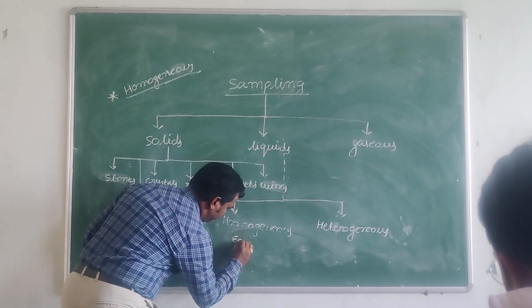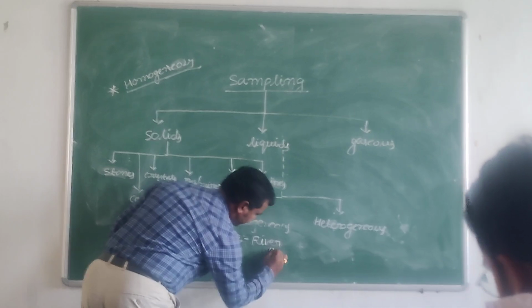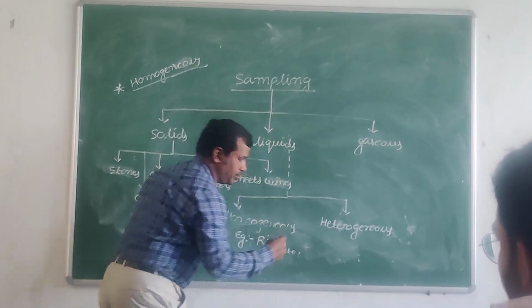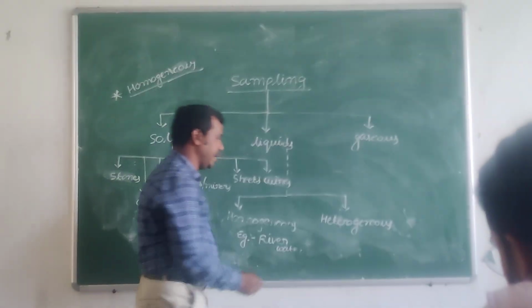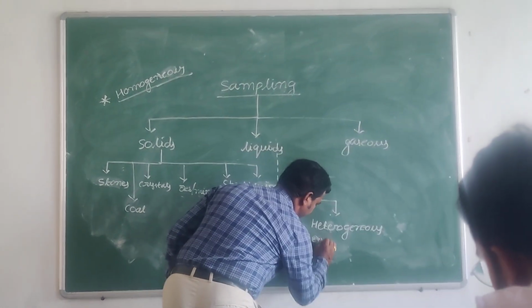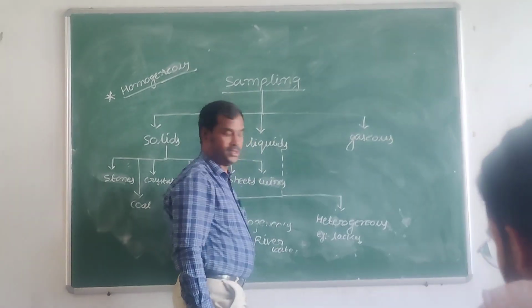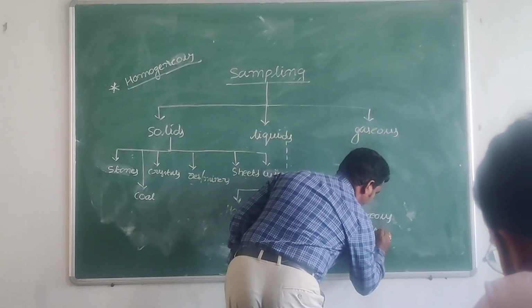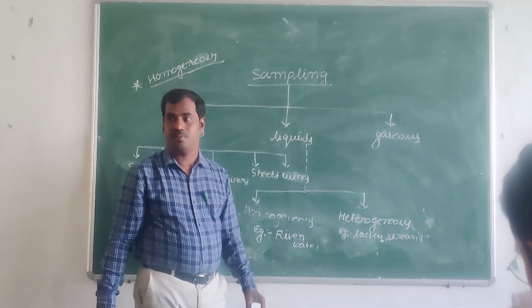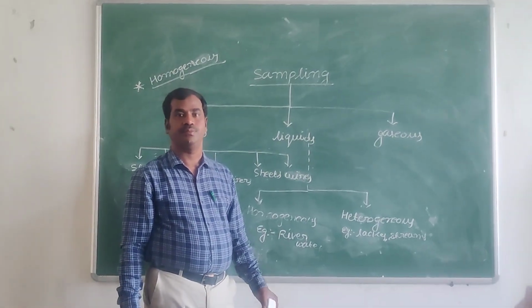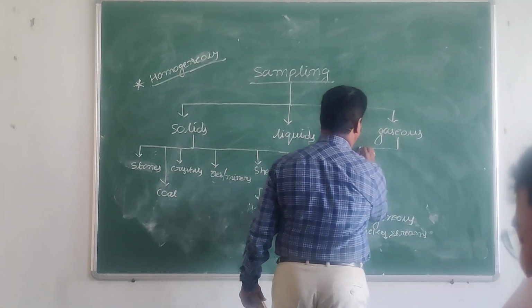The best example for homogeneous is river water. For heterogeneous, the best examples are lakes, streams, reservoirs, ponds.